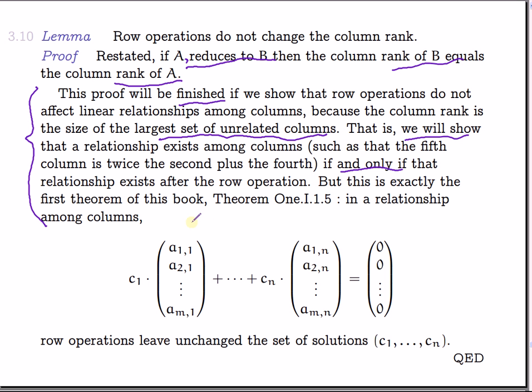Okay, this is exactly the first theorem of the book. Theorem: in a relationship among columns, row operations leave unchanged the set of solutions. Let's go back there and see what we're talking about here.